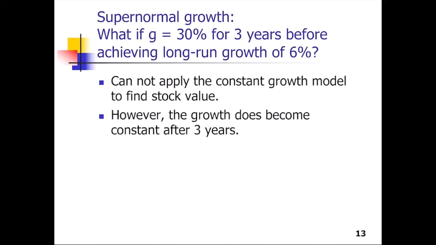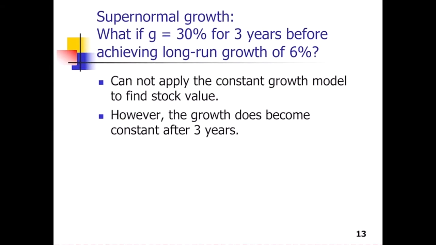In the supernormal growth case, what if G, the dividend growth rate, is 30% for 3 years before achieving long-run growth of 6%? This is a more realistic case, right? The company's stock grows fast in a few years. With supernormal growth we cannot apply the constant growth model to find the stock value. Why?